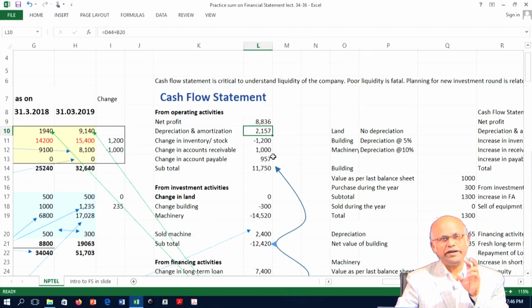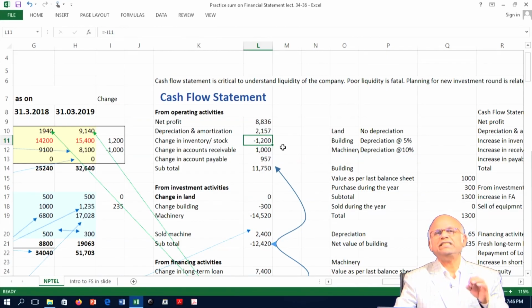Now, look at the next 3 items carefully. These are very important. The convention is very important. Change in inventory or stock. These are not really cash, but they are like cash, cash equivalent. So, suppose hypothetically speaking, your inventory last year was 10,000. As at the close of business this year, suppose the inventory is 15,000.